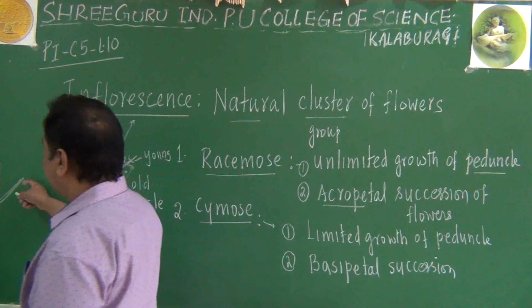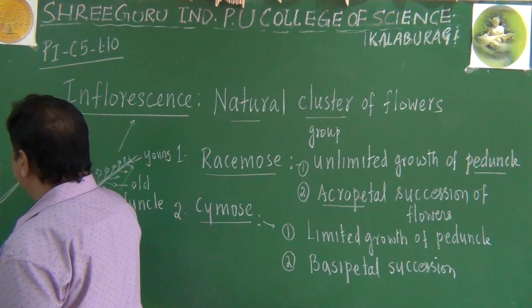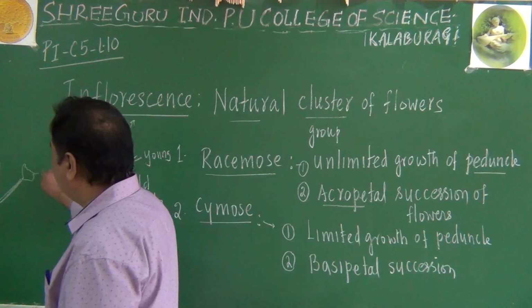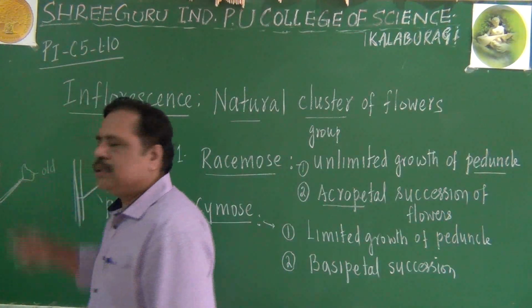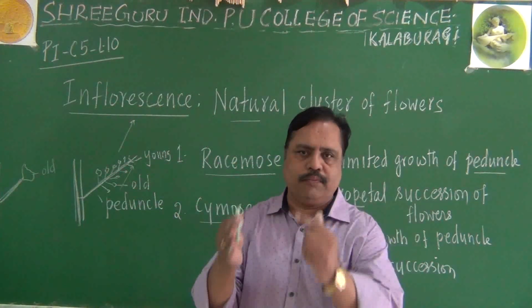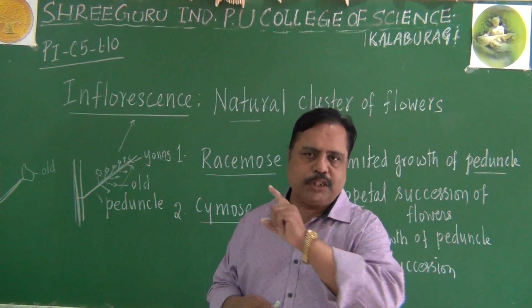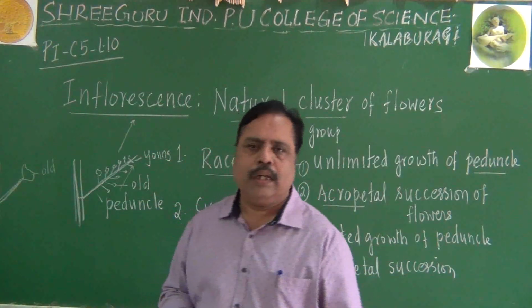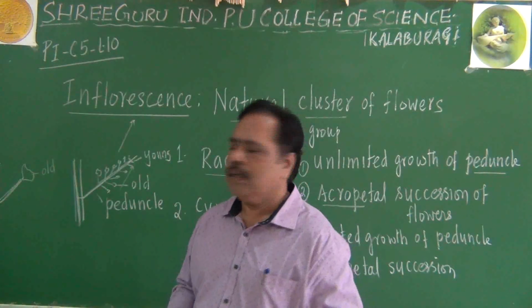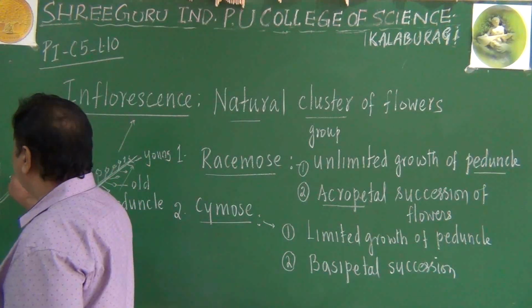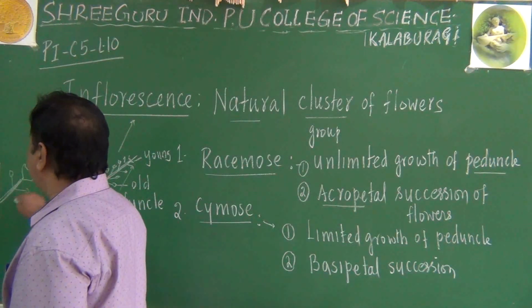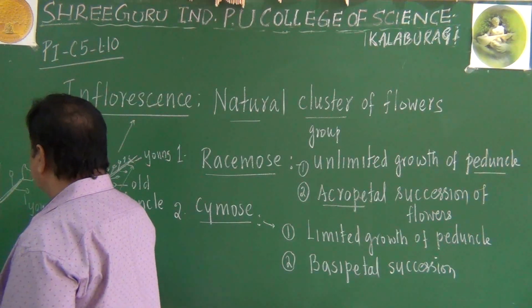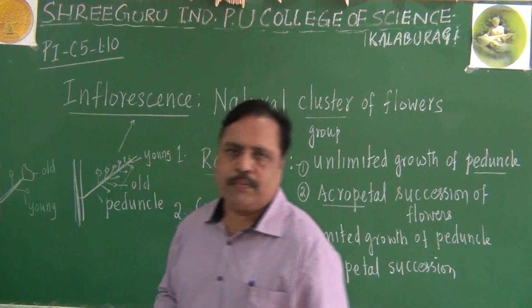The tip of the peduncle will end with an older flower. This is the old flower, and it is the first formed flower in this inflorescence. Inflorescence means a group of flowers. This is the first formed flower, and it will blossom first. On the sides, we will get younger flowers like this. So these are the young flowers, and this one is the old flower.